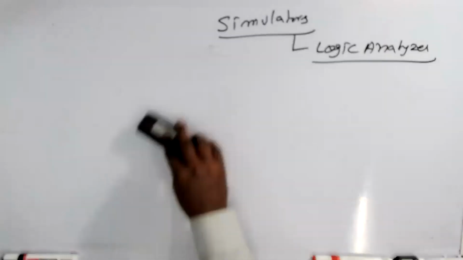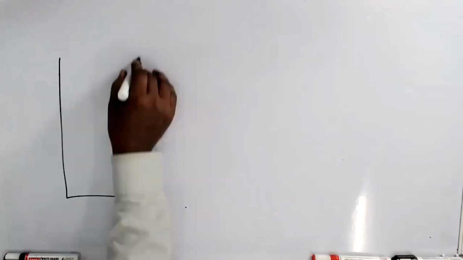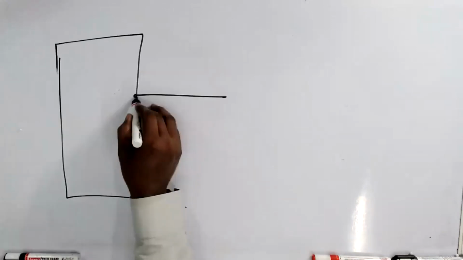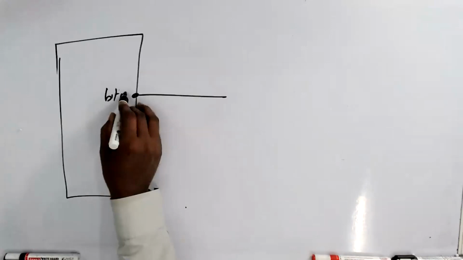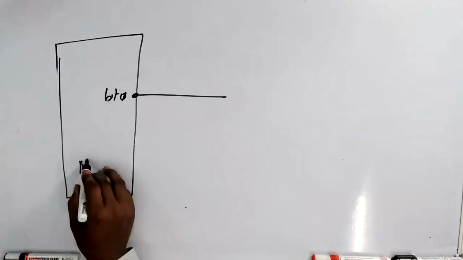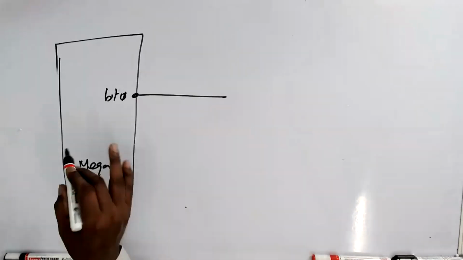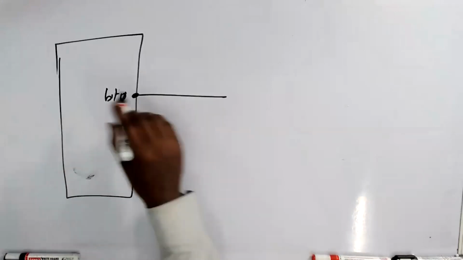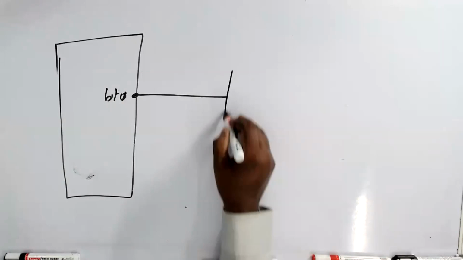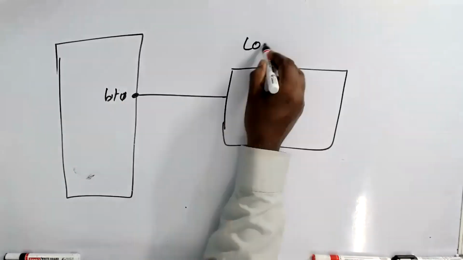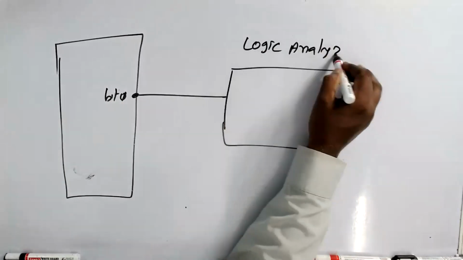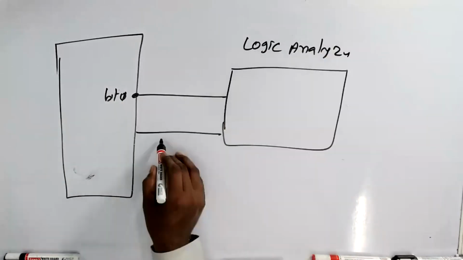I have a microcontroller. I have an output on bit 0. Let's say I have an Arduino Mega board or Arduino board, whatever board you use. Now this output you connect to the logic analyzer. You connect the ground pin, which is normally a black wire.